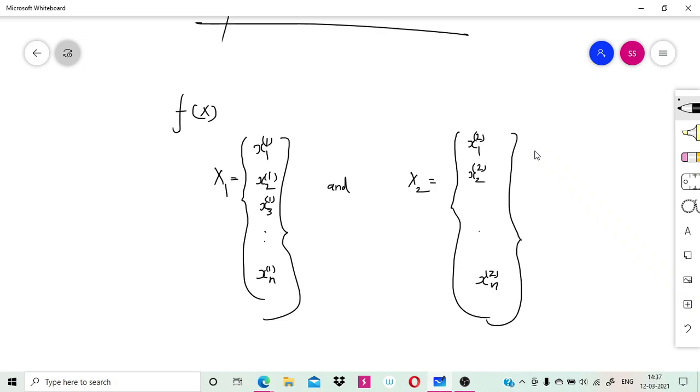And we are defining a scalar quantity lambda, and lambda can take values between 0 and 1.